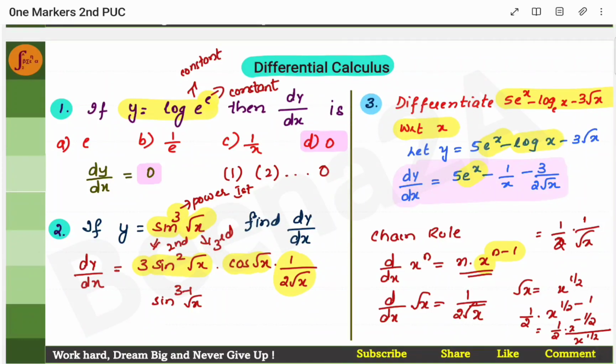And derivative of log x is 1 by x. And derivative of root x is 1 by 2 root x. Keep the number as is, right? So you'll have to find the derivative 1 by 1 because you have subtraction here, right? If you have addition or subtraction of different functions or different terms, then you can find the derivative separately. You first find derivative of this, then this, then this, and put the signs as is.